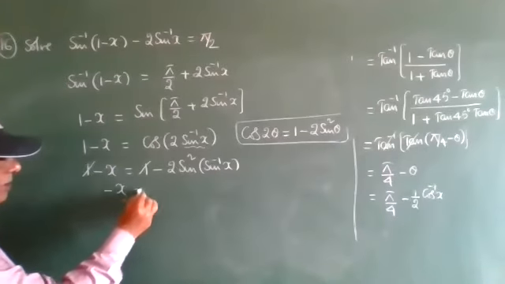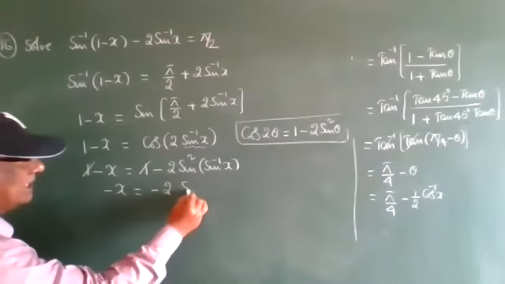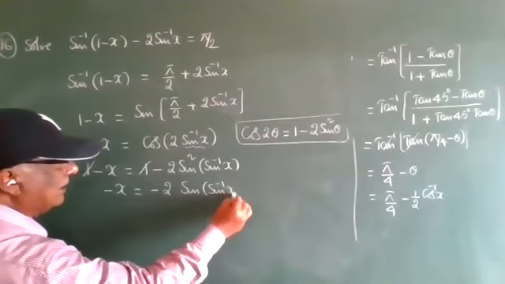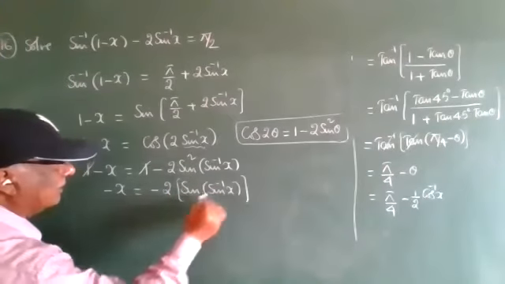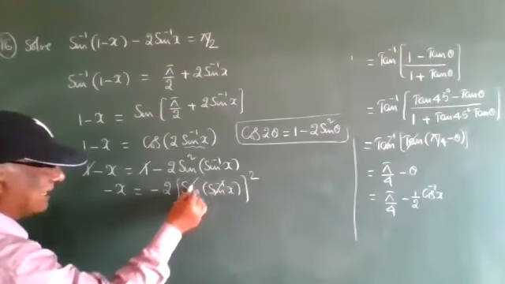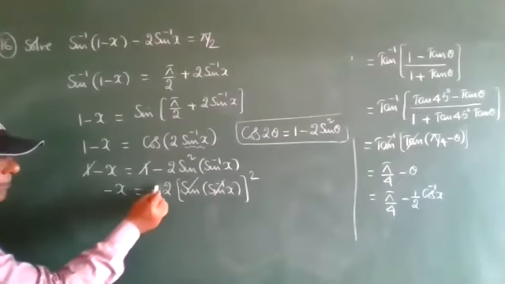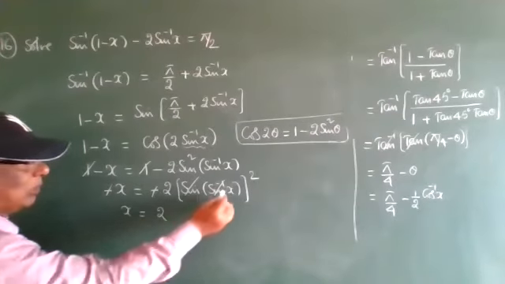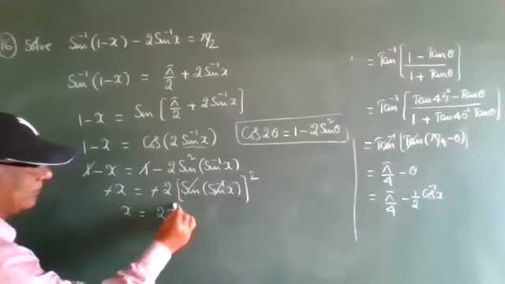Minus x is equal to minus 2 times sine of sine inverse x, its whole square. So sine and sine inverse cancel. Minus is cancelled. x is equal to 2 x square.